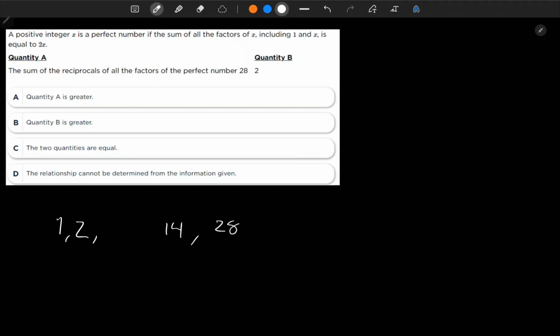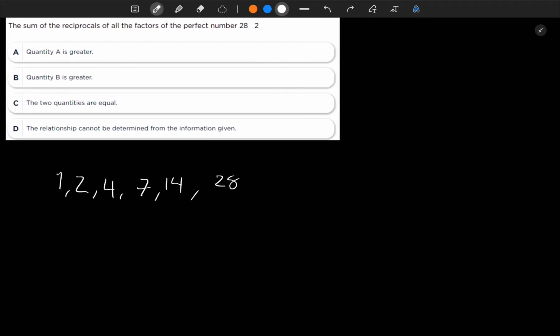Next, 3 is not a factor of 28, but 4 is, because 4 times 7 is 28. So that means that 4 and 7 are both factors of 28. And since 5 and 6 are not factors of 28, we see that this is an exhaustive list of all the factors of 28. So, we should sum all of the reciprocals of all of these numbers.